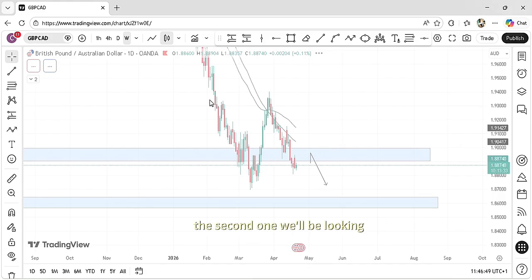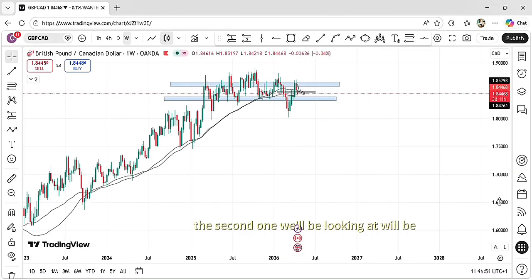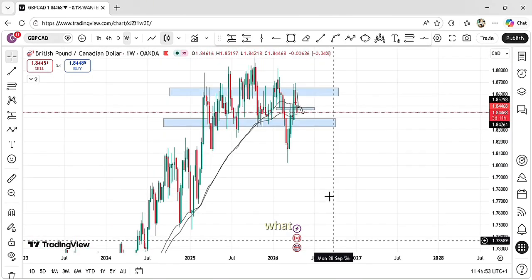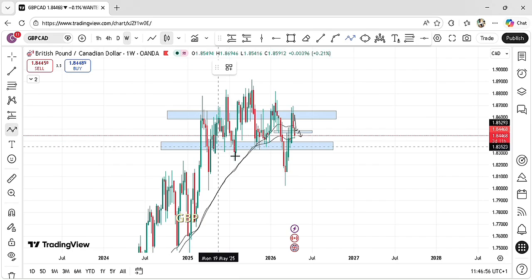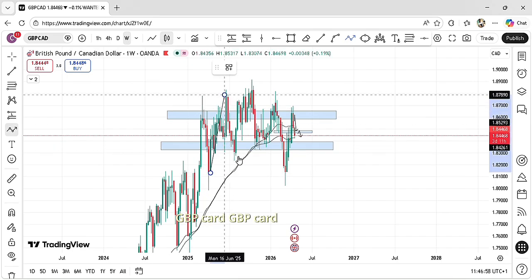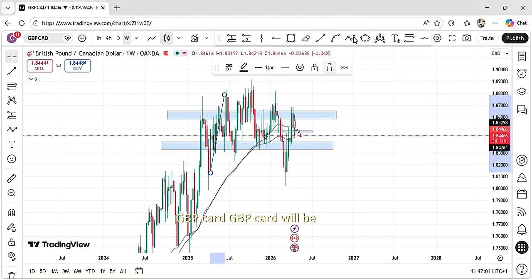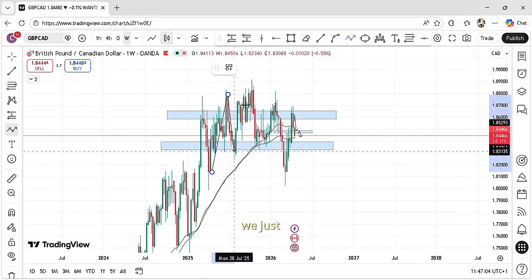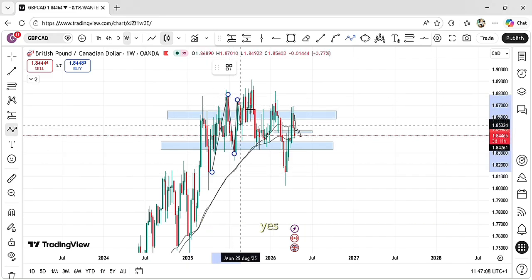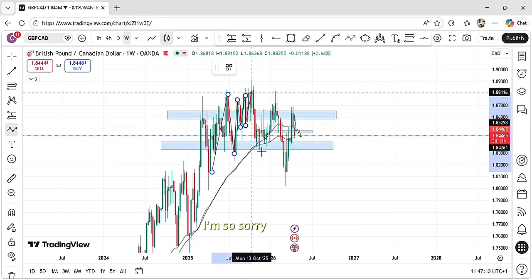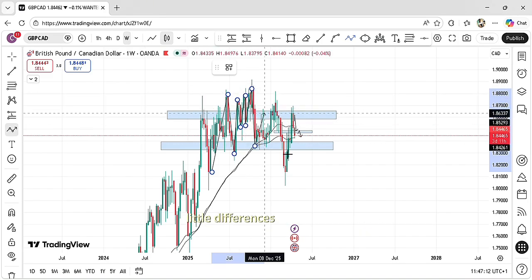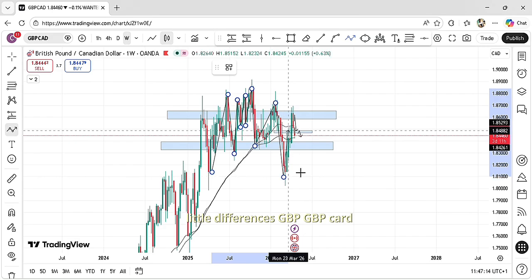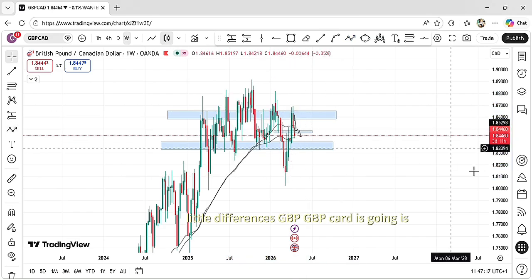The second one we'll be looking at will be GBP CAD. GBP CAD will be almost similar to GBP AUD, with just little differences. GBP CAD is going down.